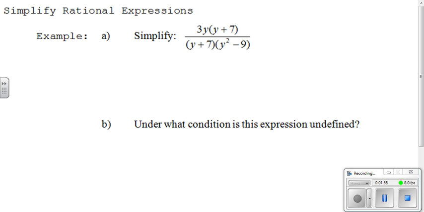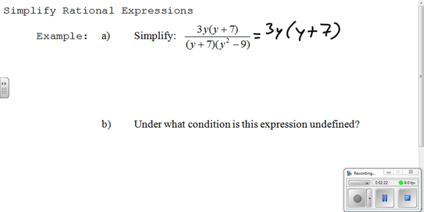So let's see how this simplifying works with a rational expression. In this case, our rational expression is 3y times y plus 7 over y plus 7 times y squared minus 9. First thing to do on these is always check, is this factored as much as we can? And actually, we can factor this one a little bit further. We can keep our 3y and y plus 7.